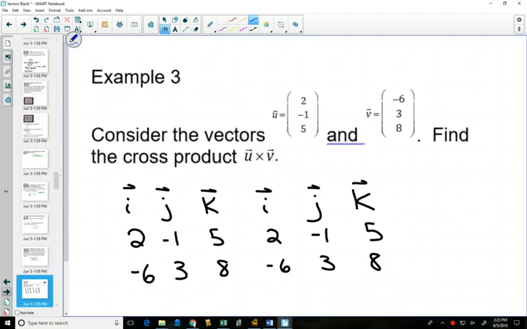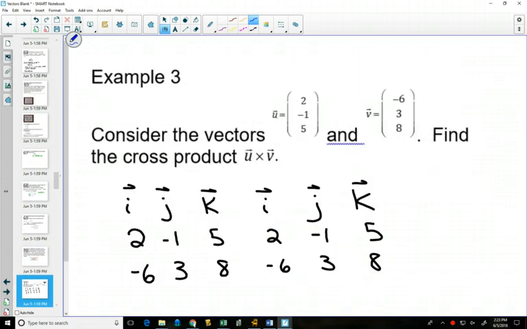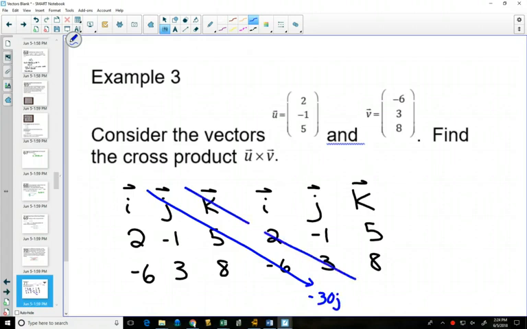Where do you draw your arrows? Starting from the j. -30j, 6k, -8i.